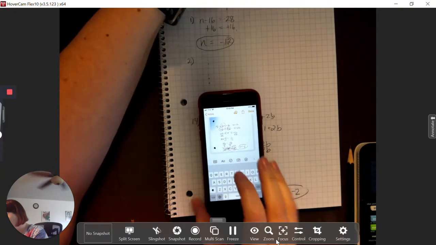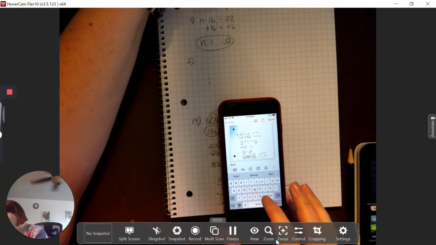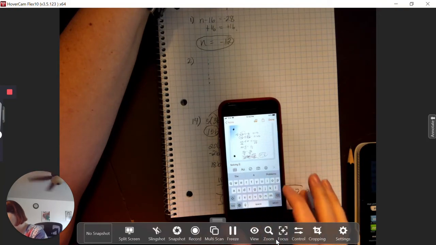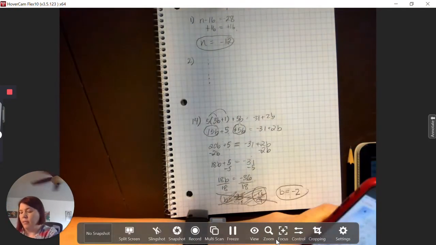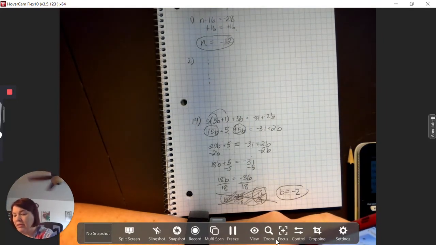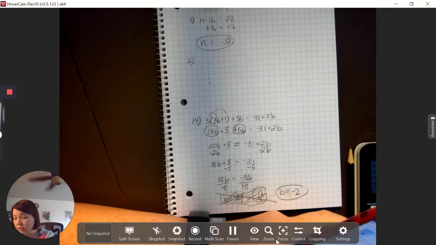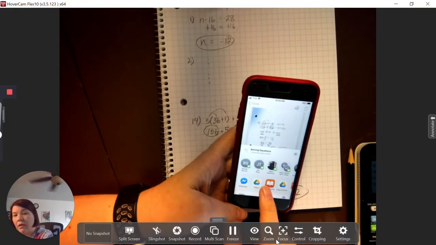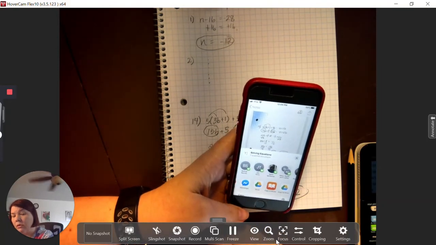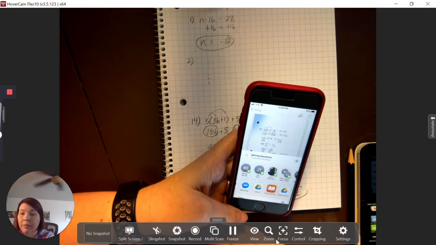I'm going to type in solving equate, the name of the worksheet. And then I'm going to click done. Now it's got a name. And so then I'm going to hit send it. I'm going to send it to myself, and I'll probably send it to Drive, and then from Drive upload it to my Google Classroom so that I can turn it in. Pretty straightforward.